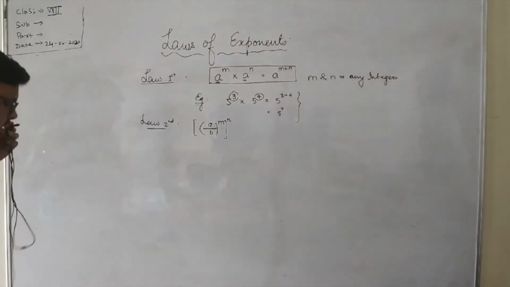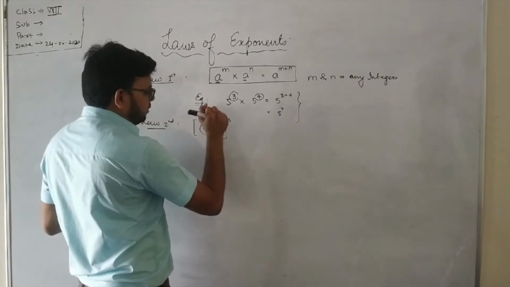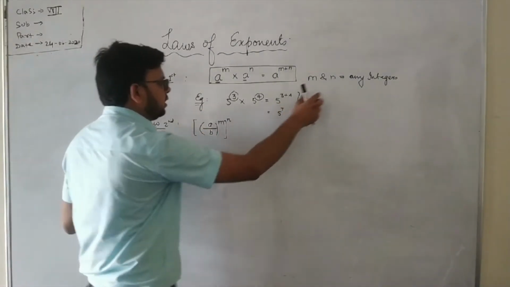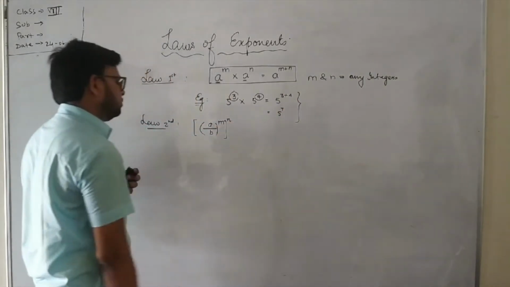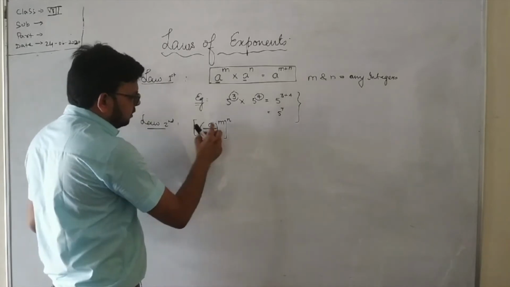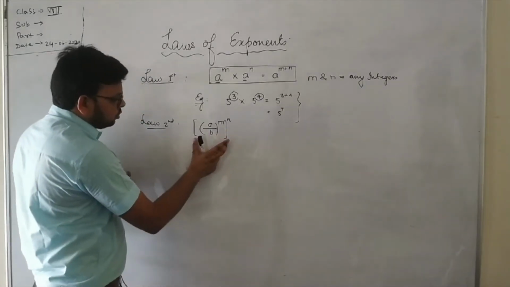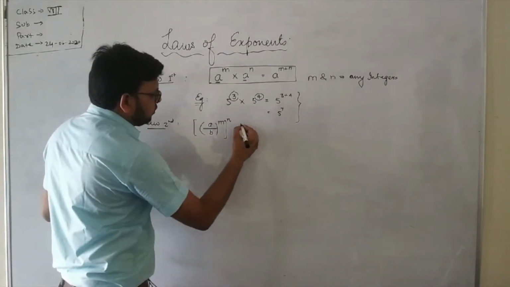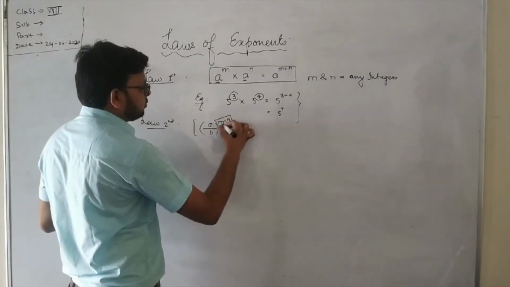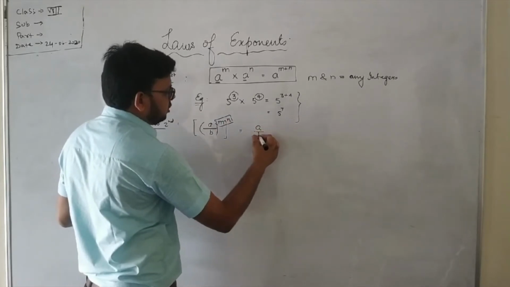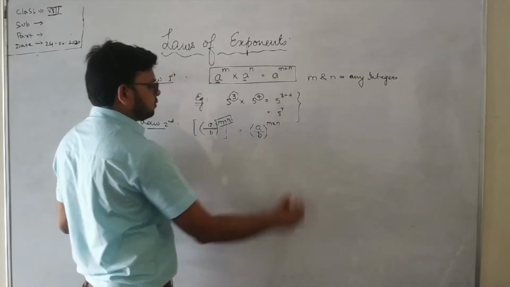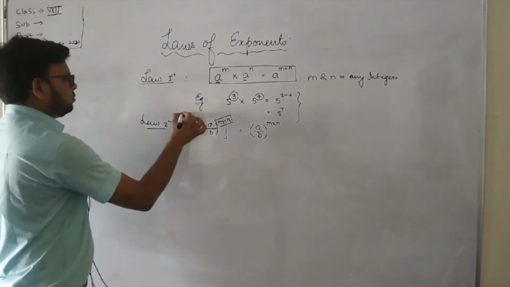Here a by b is any rational number and n is any integer. m and n are integers in this case also. m is the power of a by b and n is the power of the whole of this exponent. Then the second law says we can multiply the powers. So we can write a by b to the power m into n. This is the second law.